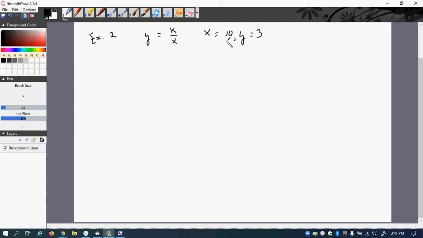So the 10 goes in for x, and the 3 goes in for y. So we have 3 equals k over 10. To solve this for k, we multiply both sides by 10. And so we get 30 equals k.